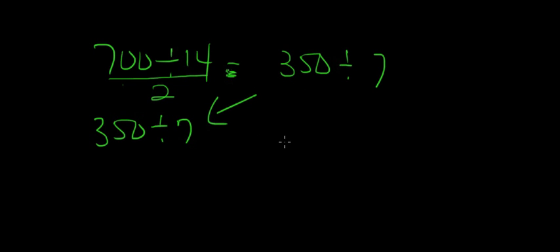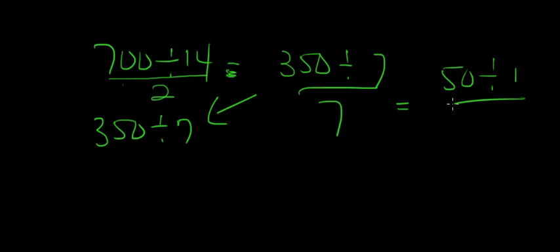But we're not even done with that. We could take this and divide it by 7, and we're going to get 50 divided by 1, and this cancels out because 7 divided by 7 is 1, obviously, but 50 divided by 1 is going to be 50. So we know that for all these equations, all the answers are going to be the same.